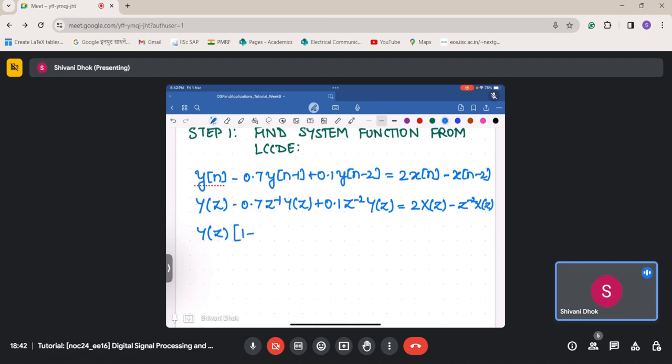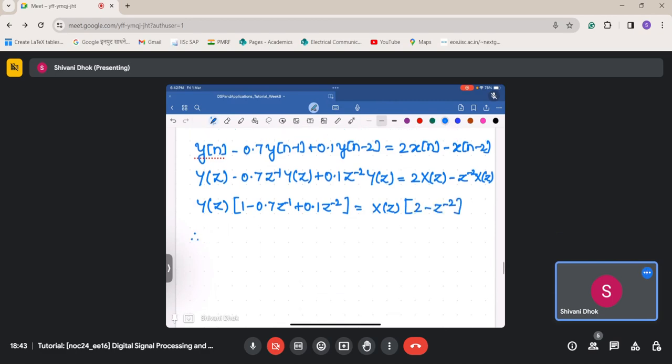Then we have 1 minus 0.7 z inverse plus 0.1 z to the power minus 2, which is equal to x of z times, if I take common, 2 minus z to the power minus 2. Therefore y of z upon x of z is equal to 2 minus z to the power minus 2 upon 1 minus 0.7 z inverse plus 0.1 z to the power minus 2. This thing here is my system function.